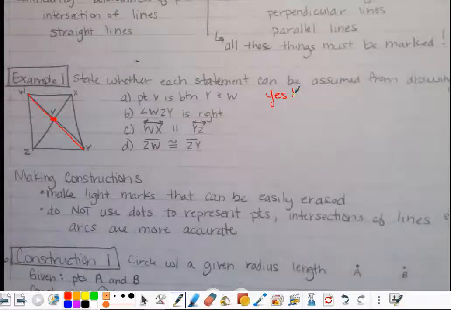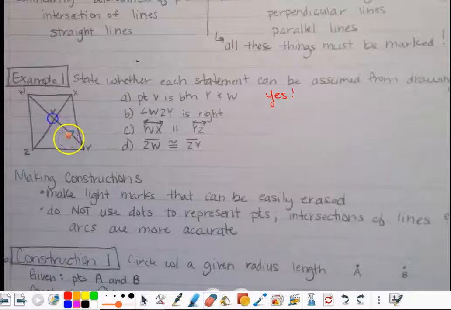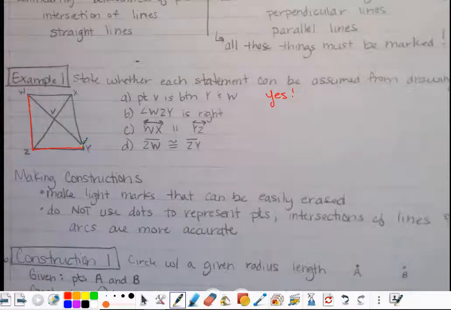Angle WZY is a right angle. You cannot, incorrect. Do not assume exact measurements of segments or angles, because that has to be marked. It has to be marked.